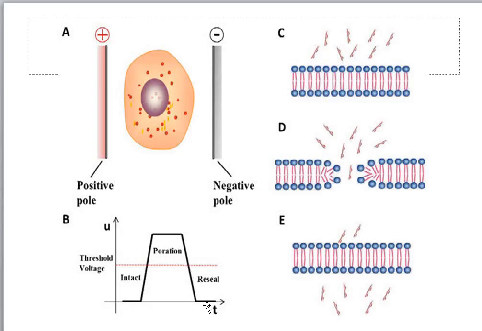Then when will the membrane be resealed? When the threshold is less. So this shows the graph of the threshold of voltage with time. When the cell is intact, no voltage. When it is resealed, no voltage. When pores are created, when there is poration, high voltage.